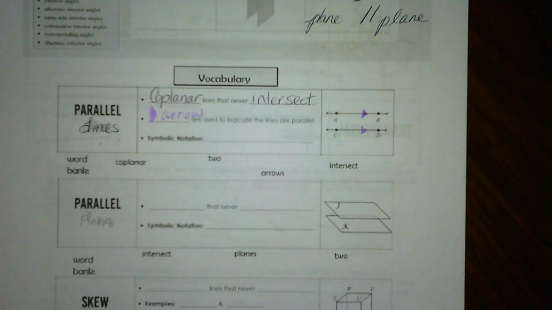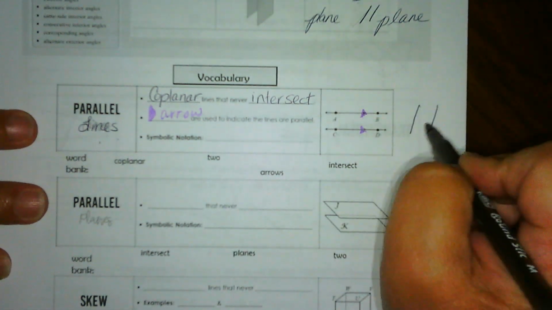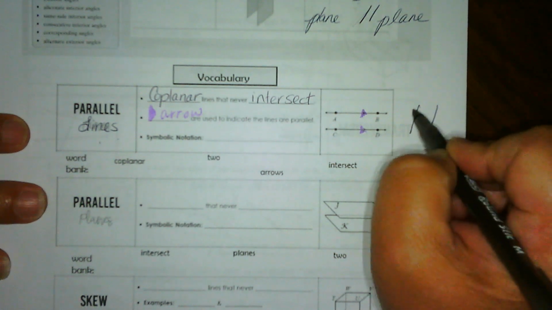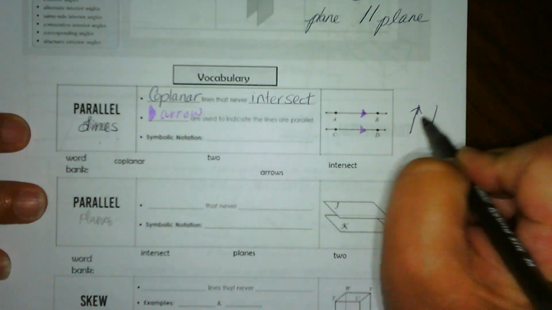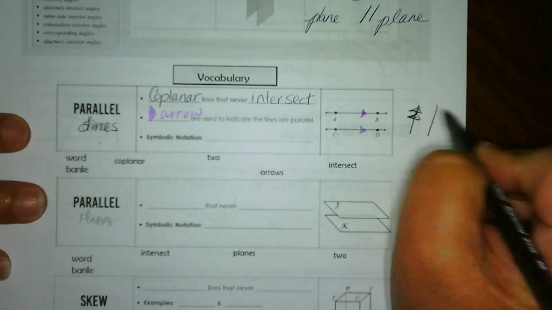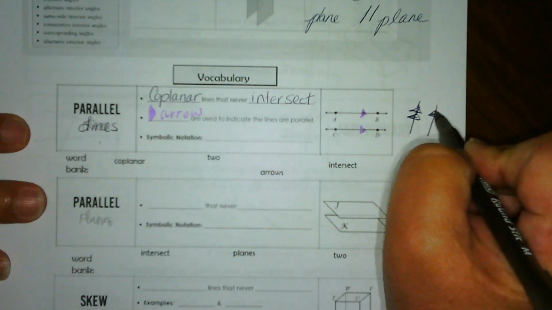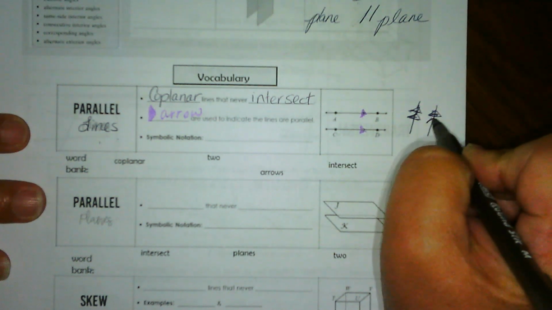So if I had another set of lines in this same picture that went like this, and I wanted to say those 2 lines are parallel, I would need to put at least a pair of arrowheads, because I don't want people thinking that these 2 lines are parallel to those 2 that I already had.